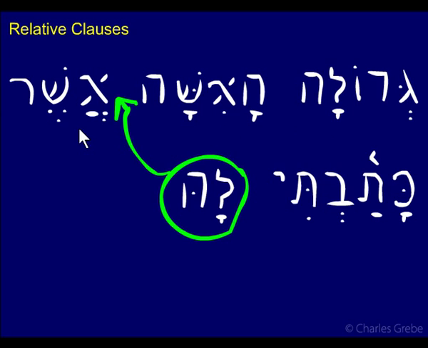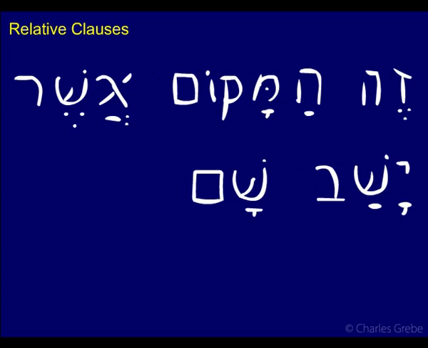Great is the woman to whom I wrote. Finished. Hebrew says, great is the woman whom I wrote to her. And then this brings you back to really here. This is talking about this, right? So don't get too hung up on this. Once you've seen a few examples, once you read it, it's not a big deal, really. Sometimes discussion on this can be a little overcomplicated, and it doesn't need to be.